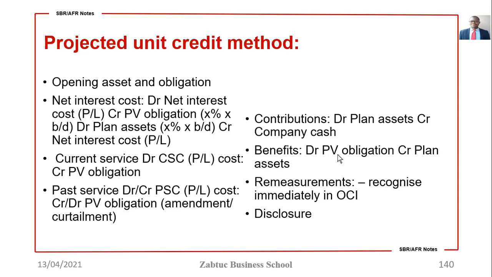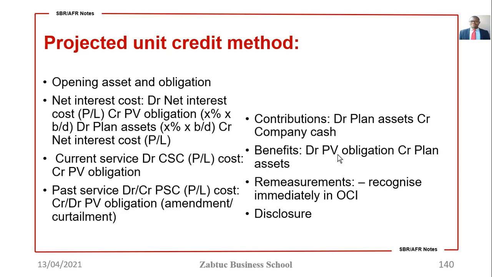Okay, so on the opening balances for plan assets and liabilities, we need to compute interest. Interest computed on plan assets is income, while interest computed on plan liabilities is an expense. So the net amount in the income statement will depend on which one is bigger than the other.